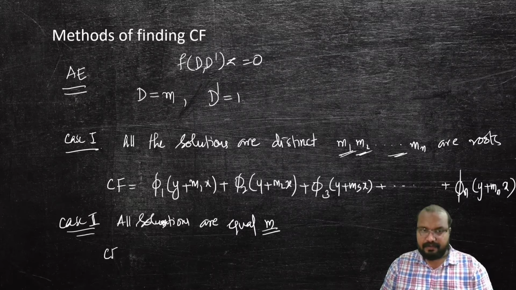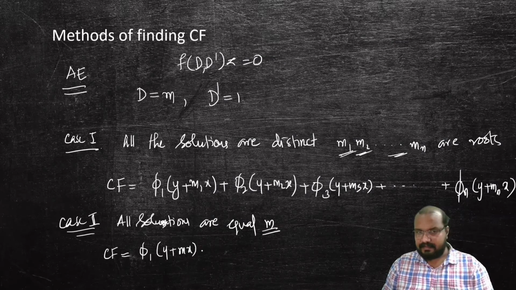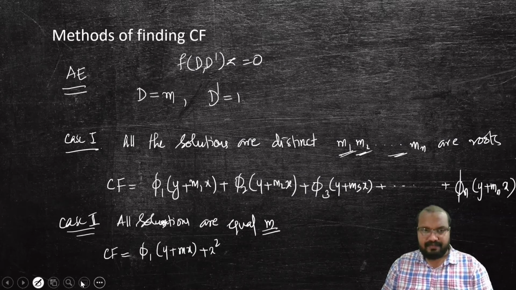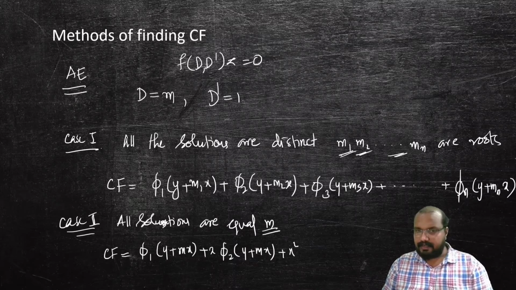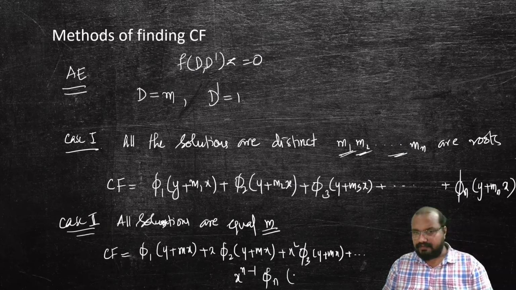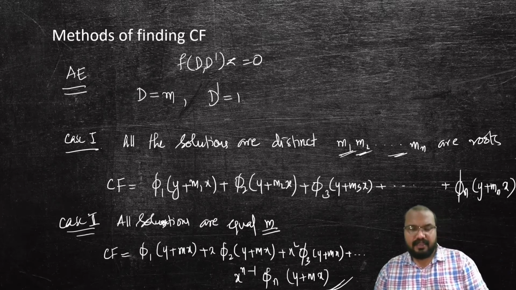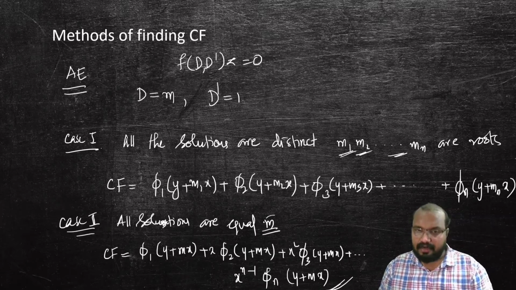Therefore CF will be phi 1 of y plus mx plus x into phi 2 of y plus mx plus x square into phi 3 of y plus mx plus etc. x raised to n minus 1 into phi n of y plus mx. This will be the complementary function if the solutions are all equal.